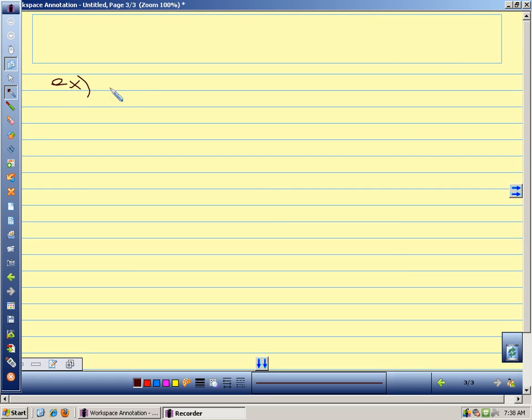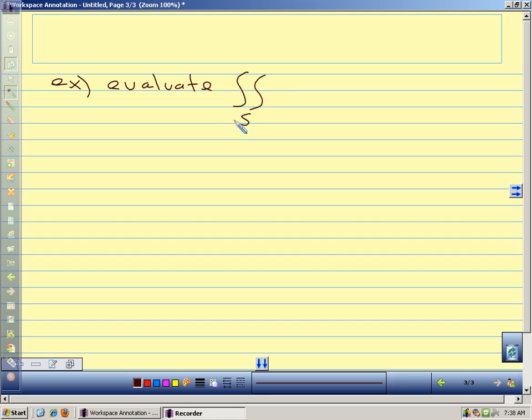So we want to evaluate the surface integral of F dot n dS. The other way that you might see this question stated is the outward flux of F through the surface.